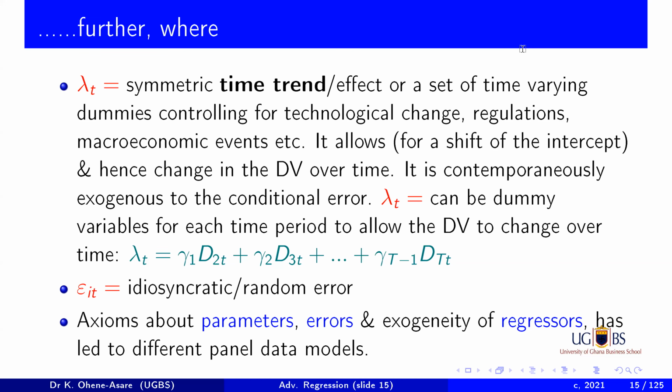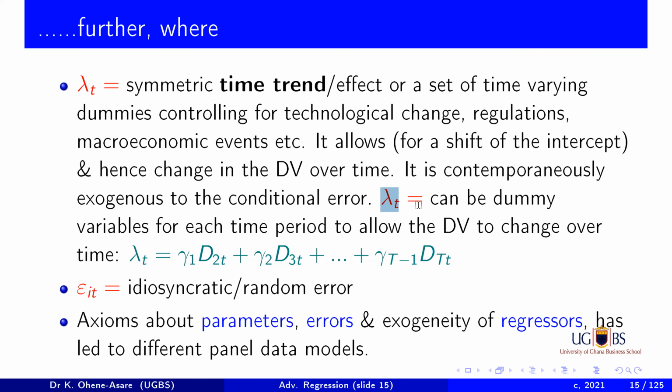But this is normally so when you are dealing with cross-country studies, that is, when macroeconomic events become paramount, like when you are doing African cross-country studies. Or you can include them as a time dummy.